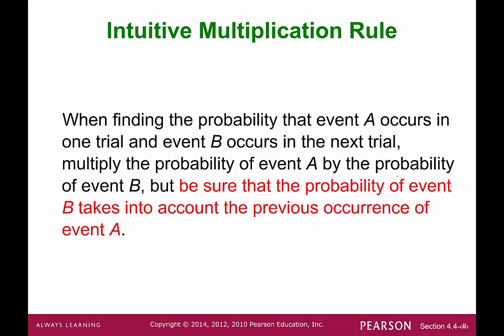To find the probability that event A occurs in one trial and event B occurs in the next trial, simply multiply the probability of event A by the probability of event B, and also take into account the previous occurrence of event A.